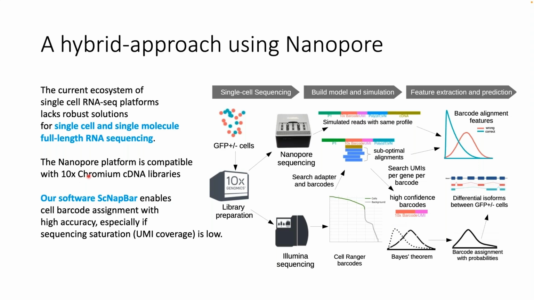And the libraries were generated on the 10x Genomics platform, then split into 2 arms, one for Illumina sequencing, one for Nanopore sequencing. And we wrote the software, and I don't have the time to explain all of the details, that will bring these 2 parts together. And basically the Illumina sequencing serves to generate a whitelist of barcodes that were part of the library that was initially prepared.